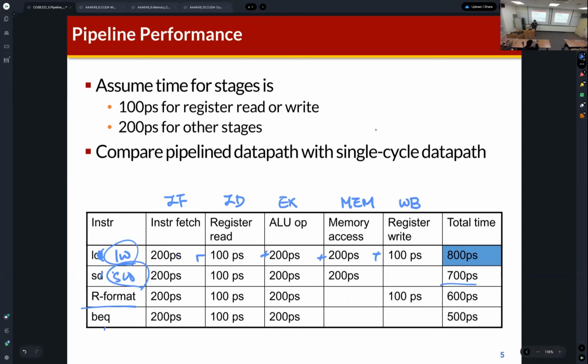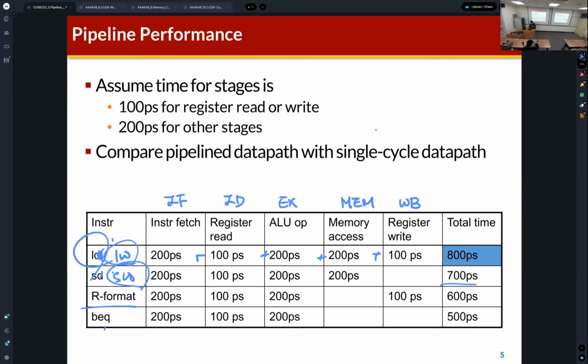So we can see that the critical path for executing instructions is the delay for load word. The clock period of the single cycle processor is determined by the longest delay for executing a single instruction, the longest instruction.